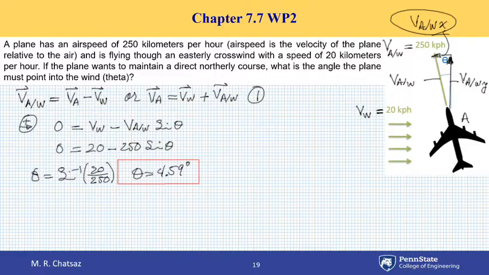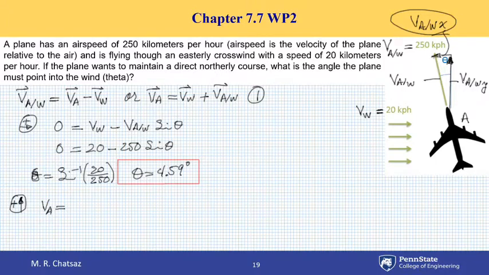Now, observe that I use the x component of the equation to find this angle. If I wish, I can write the y component as well and know what the absolute velocity of the airplane is. Suppose I take positive to be up, then the vertical component or y component of equation 1, left side of it, is simply VA, which is absolute velocity of the airplane.